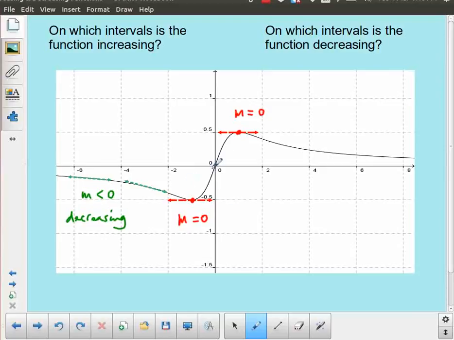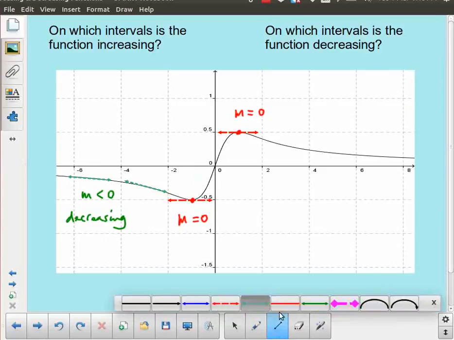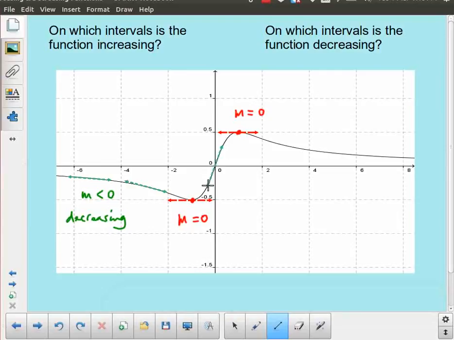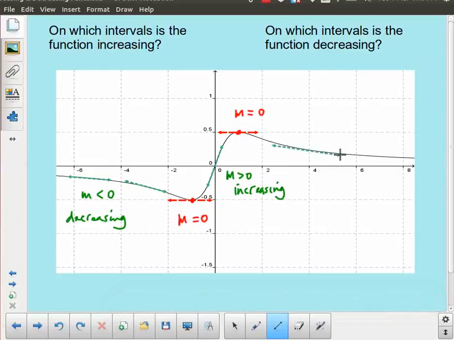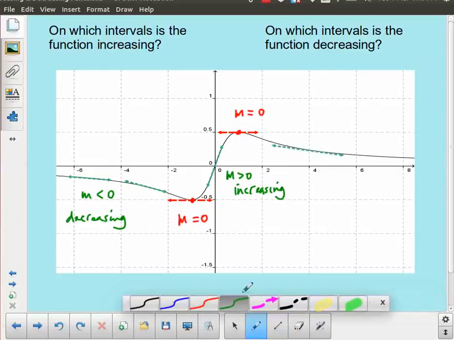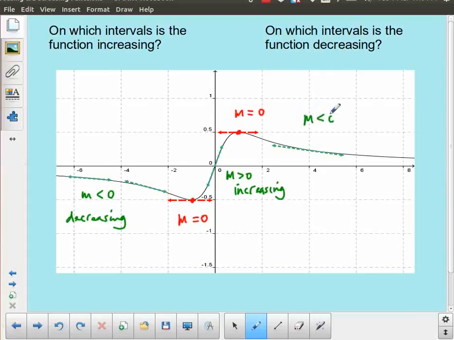And then along here, my tangent line, I'm just going to go ahead and put the one through the middle here to represent a positive slope. So now my slope is greater than 0, which means it is increasing. And then finally over here, I once again have negative slopes, which means I am decreasing.